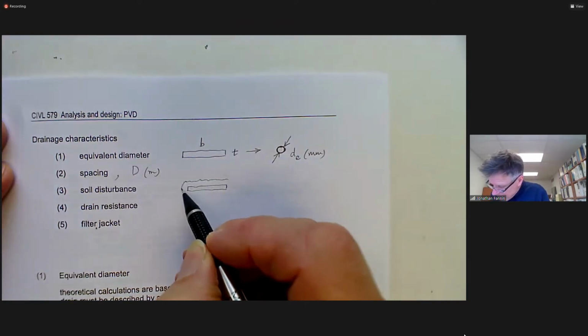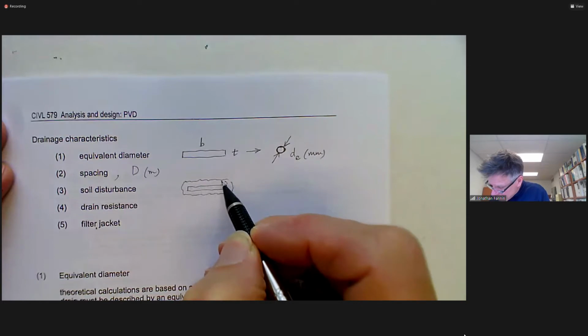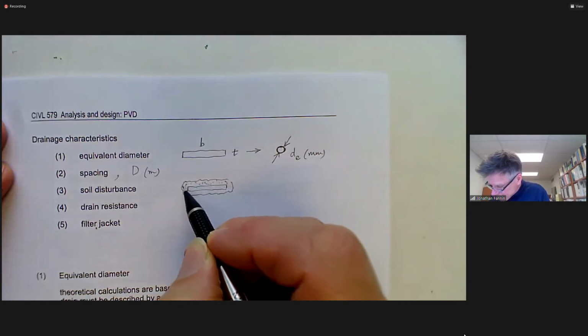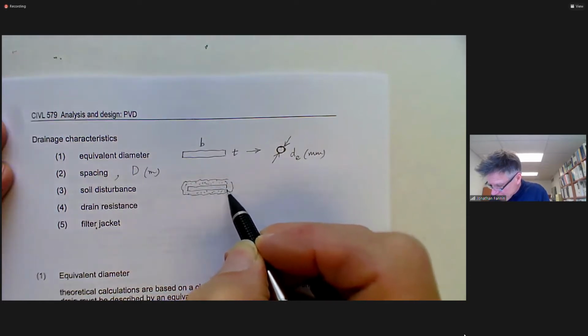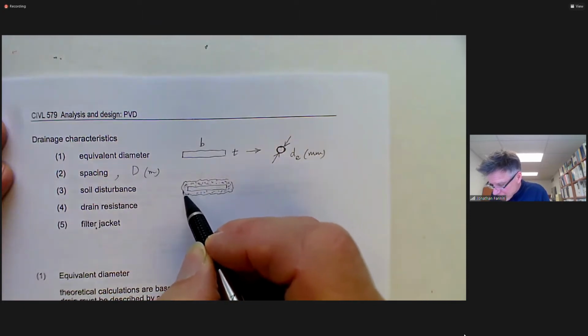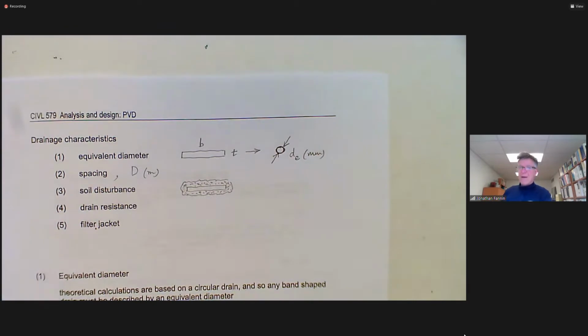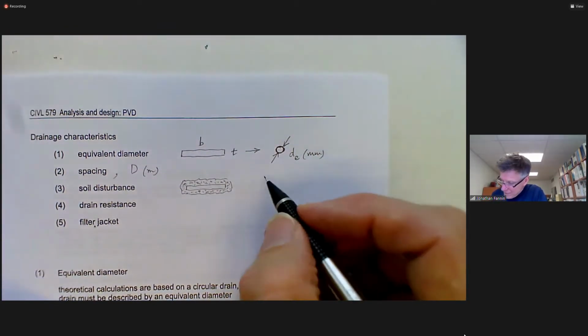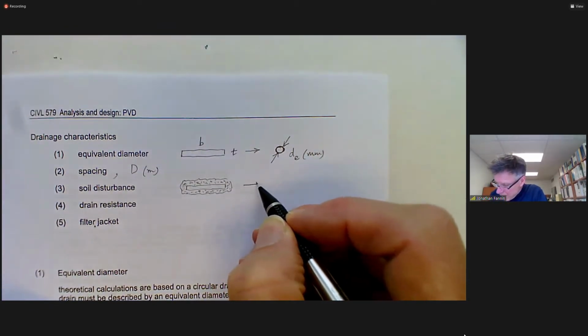So have we, installing this, have we disturbed the soil? Have we remolded a zone around? And if we have, has that changed the hydraulic conductivity of a part of the system? And that we're going to model.